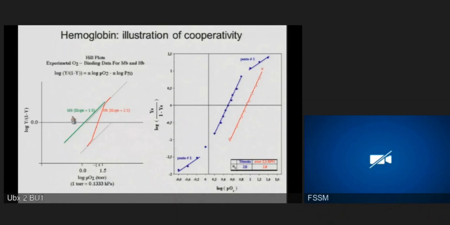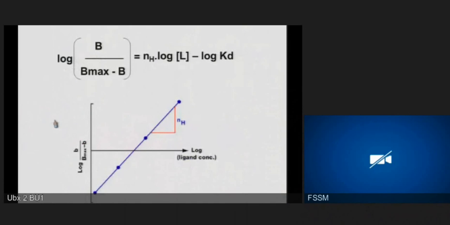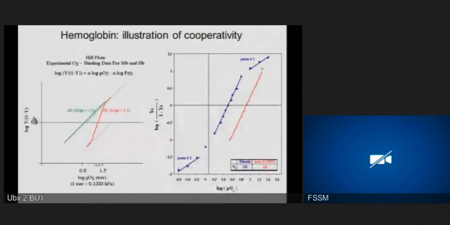In the case of myoglobin, you express just as we saw before, except that here they express it differently, Y corresponding to B. So this is like this, and here this is according to the partial pressure of oxygen. And you can see that with myoglobin there is a slope of 1.